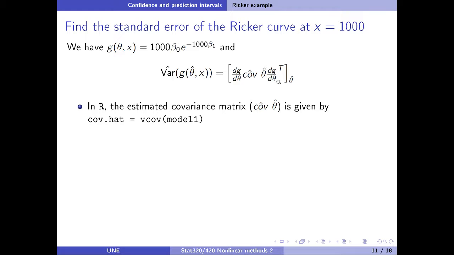Once we have dg/d theta, we get the transpose. But we also need this covariance matrix. The first piece, the covariance matrix, is easy. We just say cov.hat, or any other name that you like, equals vcov(model1), and we've got that sorted.